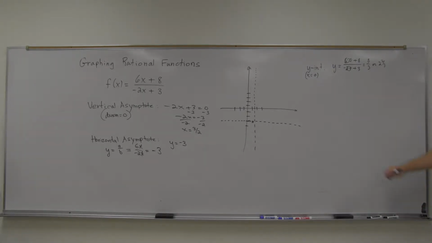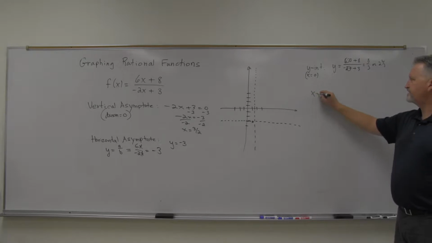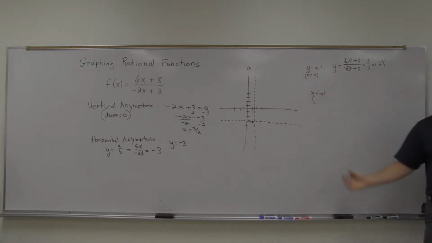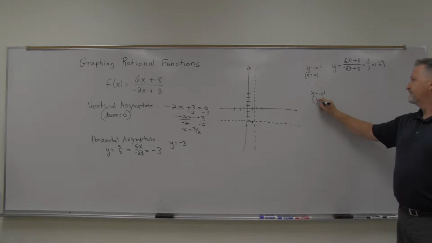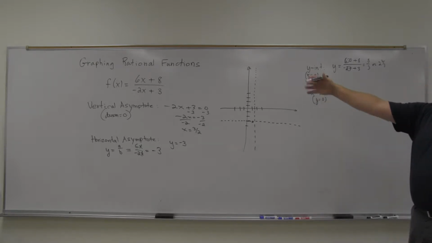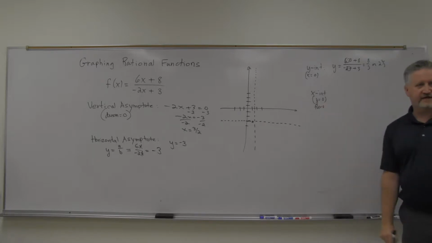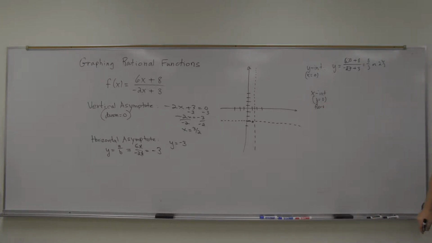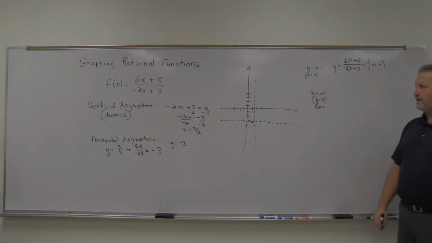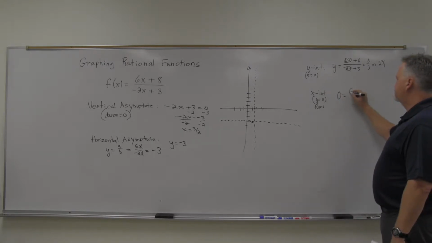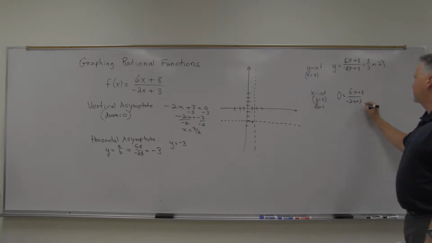All right. And then the x-intercept, we said it's the same as always. How do we find the x-intercept? Set y to 0. Which in this case, instead of y, we've got f of x. F of x is 0. That's the thing that stands for the y here. So it'd be 0 equals 6x plus 8 over negative 2x plus 3.